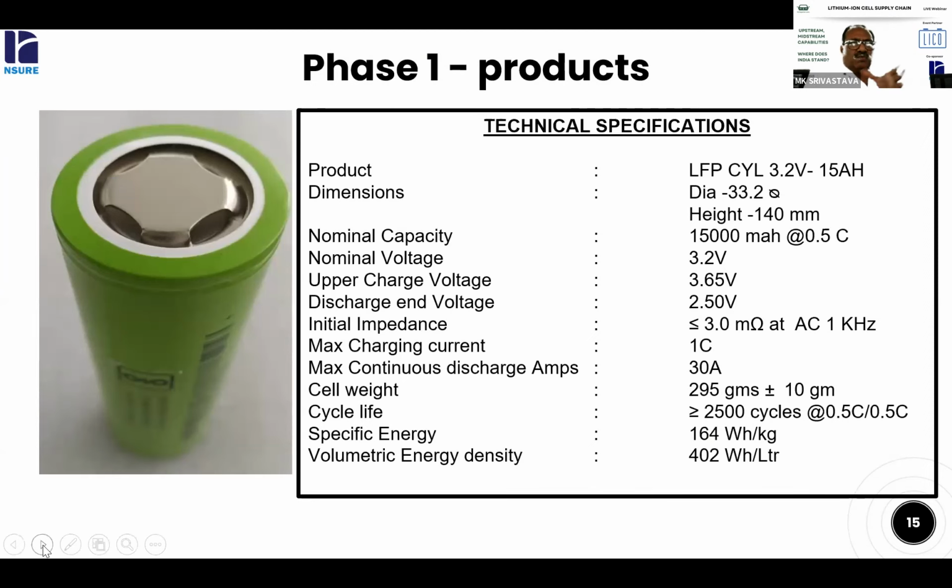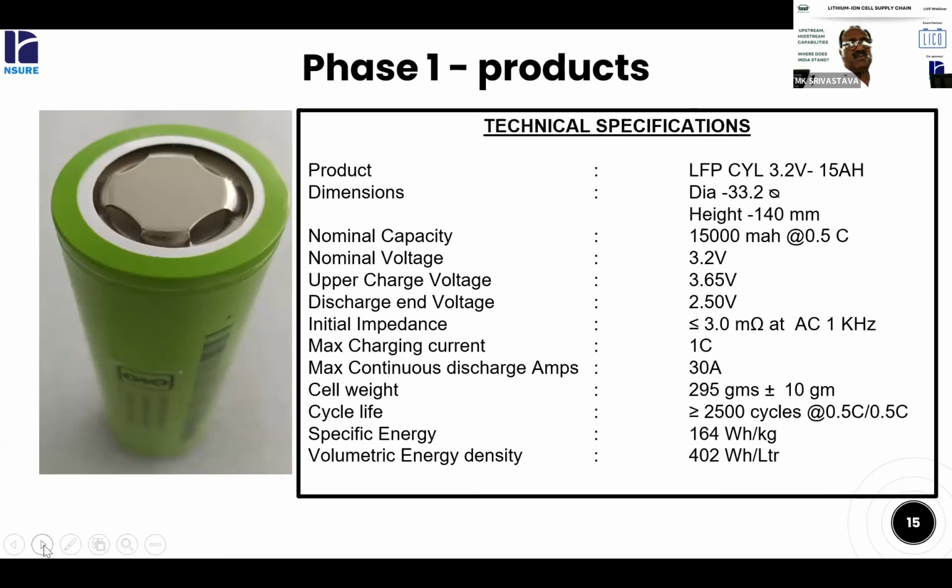I'll share the two models we have decided firmly, with a little bit of the spec sheet, the general technical parameters, for interest's sake. This is a brief from Ensure on their roadmap. By 2028, we are also working with our technology partner to bring, as somebody showed in the technology roadmap, 200 watt hour in LFP.